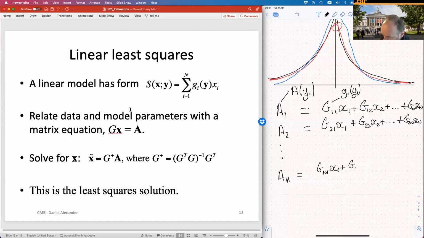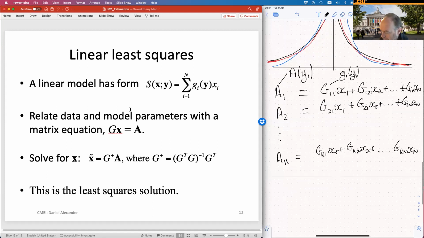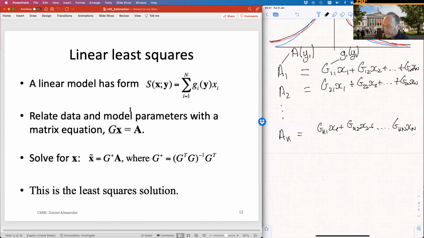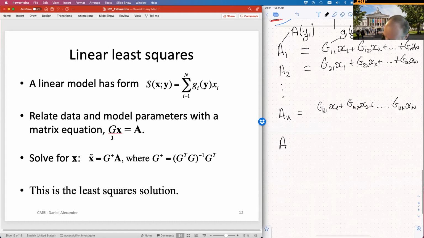So it should be GK1, GK2, x2, GKn, xn. So hopefully you can see from writing out the linear model for each of these different measurements how this simple matrix equation arises. A is this list of measurements up here.